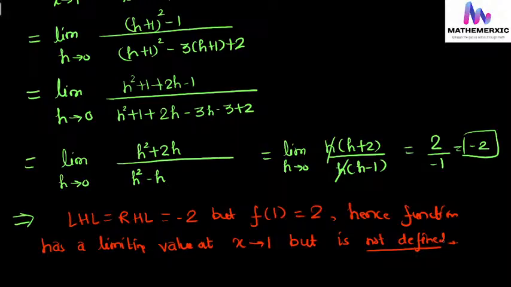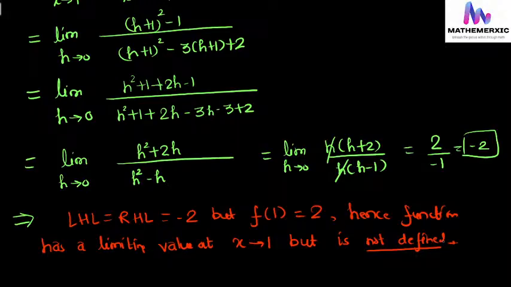If you consider some other function in a similar fashion, here we can take some other examples where function will not be defined. Right, the case is function is having a limiting value as x tends to 1. It is a limiting value, but it is not defined.